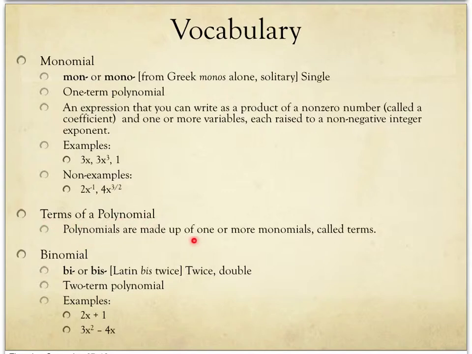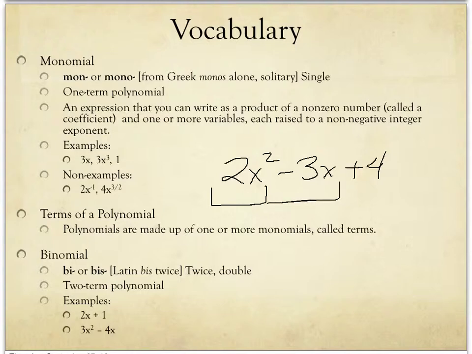Now let's talk about the terms of a polynomial. Polynomials are made up of one or more monomials, which are called terms. Okay? And when we're looking at monomials strung together to make a polynomial, we might see something like 2x squared minus 3x plus 4. Okay? And in this, we have three terms: 2x squared, negative 3x, and positive 4. And the way you can identify terms is that anytime you run into a plus or minus sign, you've just ended a term.